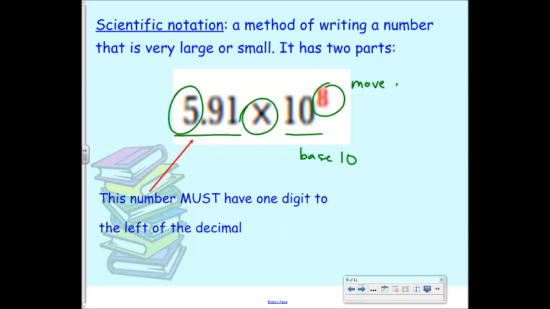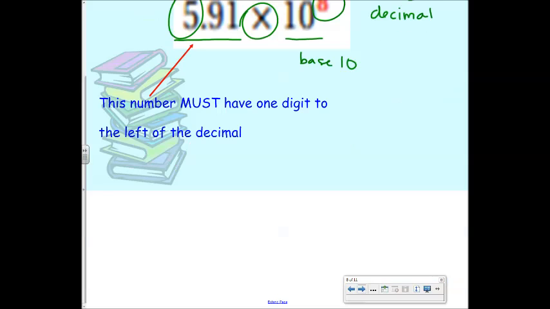Move my decimal. Because remember, what we said before is multiplying by 10 is really just like moving your decimal place one way or the other. So in this case, since it's getting bigger, we move it to the right. So this number, 5.91 times 10 to the 8th, would look like what if I expanded it into standard notation?